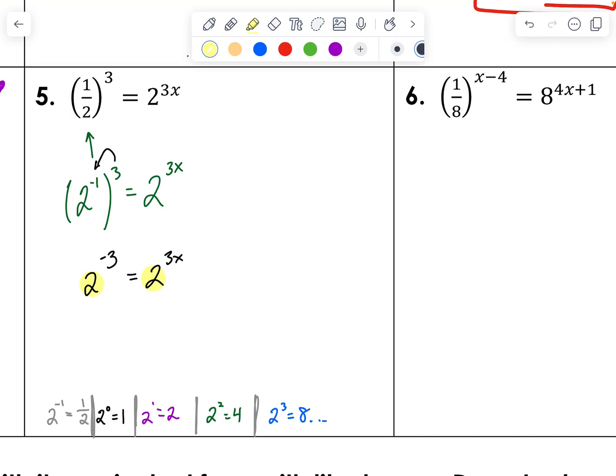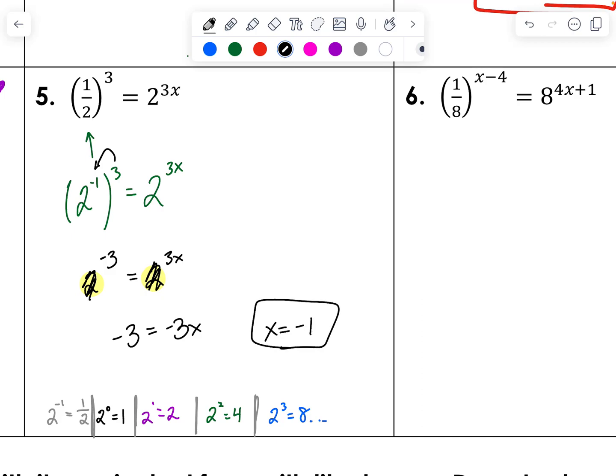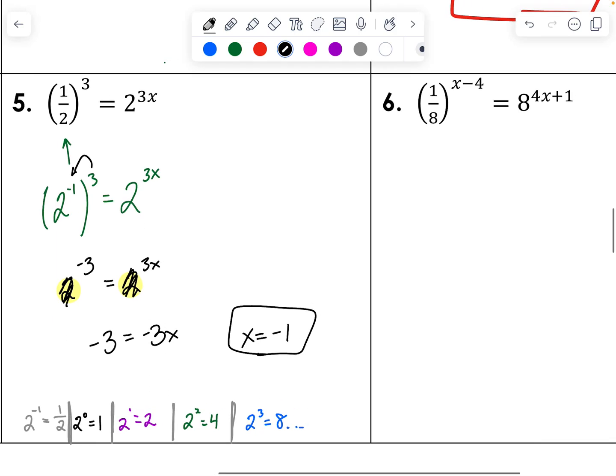So even though it is very tempting to rewrite it, let's leave it in this format because now my bases are 2 and 2. They're the same. And I can ignore those bases and get negative 3 equals negative 3x, or x equals negative 1. Remember, the key is to get the same base.